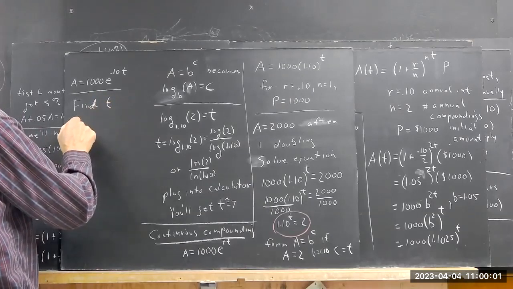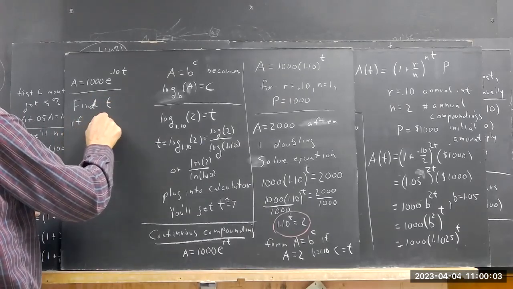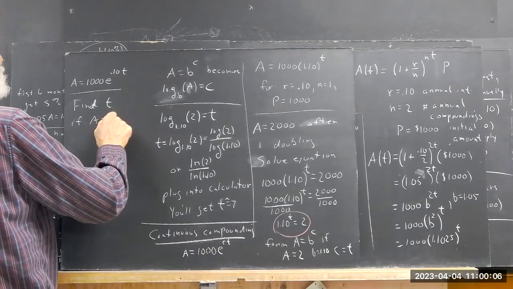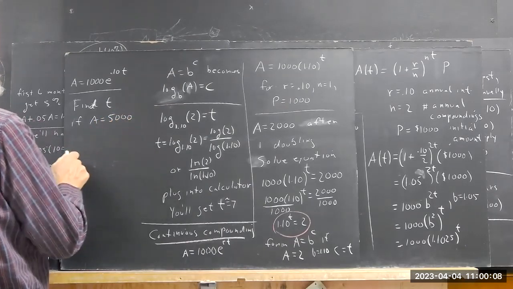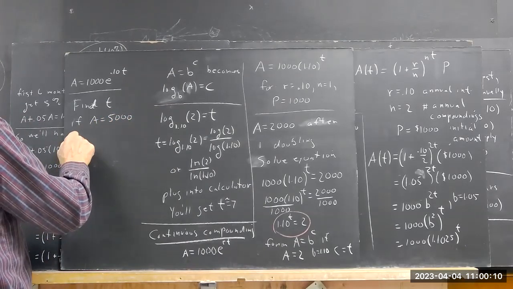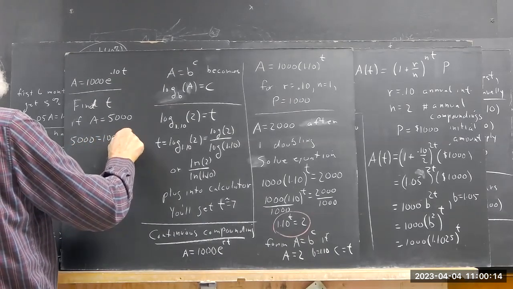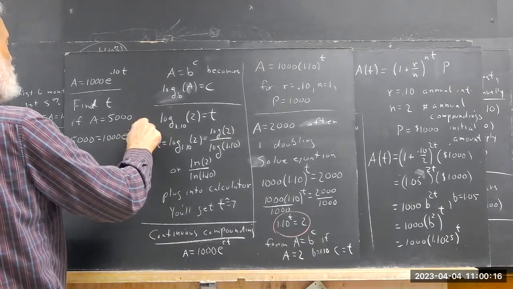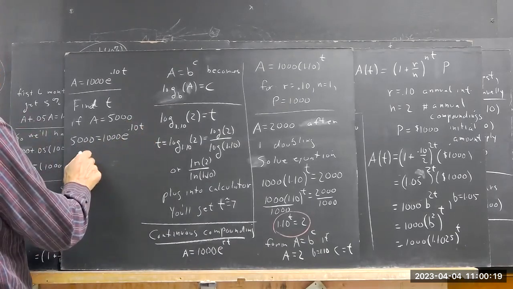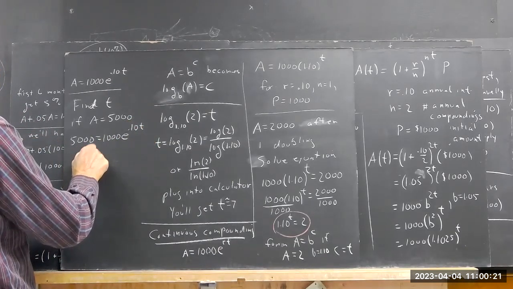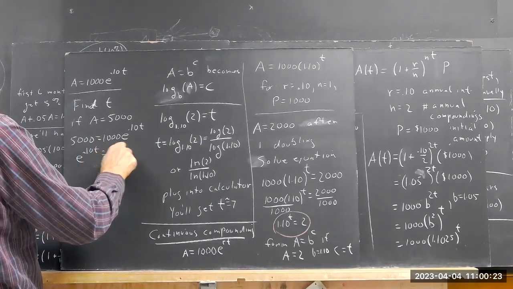Find T. A equals 5,000. Okay, you have 5,000 is 1,000 e to the 0.10t. You divide both sides by 1,000, you get e to the 0.10t equals 5.